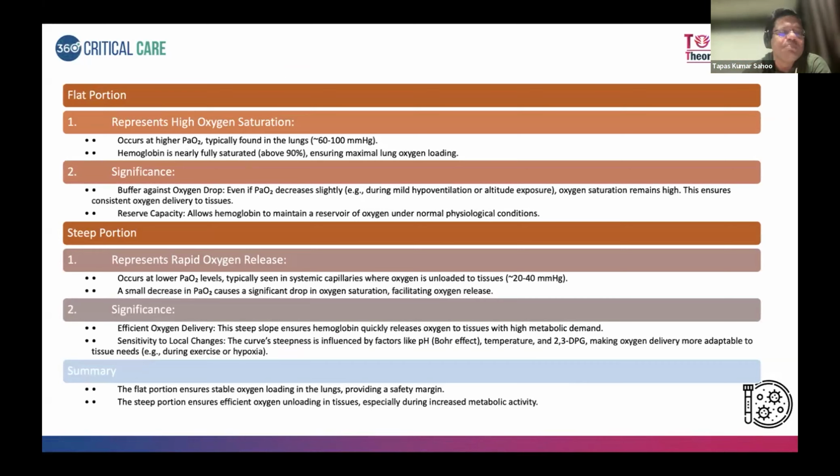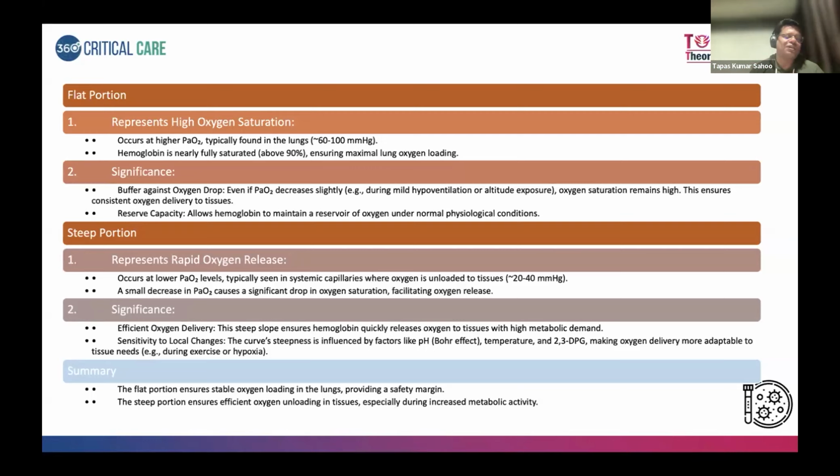At this point, when it is almost reaching 90 to 100 millimeter mercury, your hemoglobin saturation is almost touching 90%. That means ensuring maximal lung oxygen loading. So the loading is now good. Now, what is the significance of this loading in the lungs? It acts as a buffer against oxygen drop.